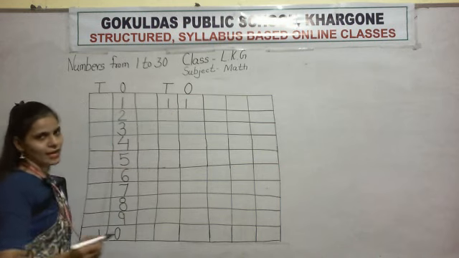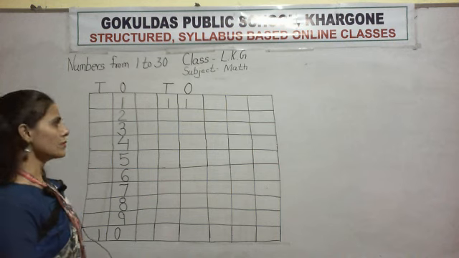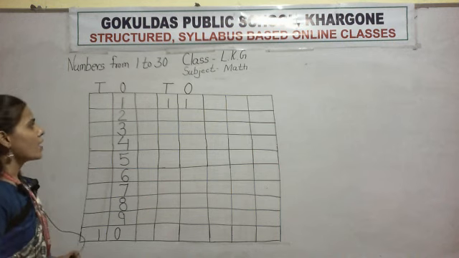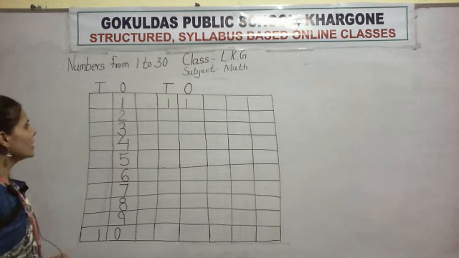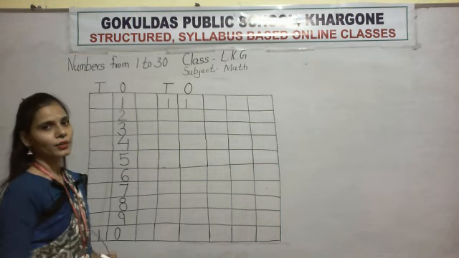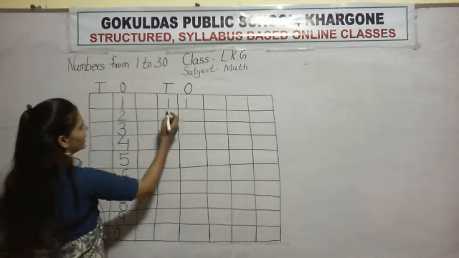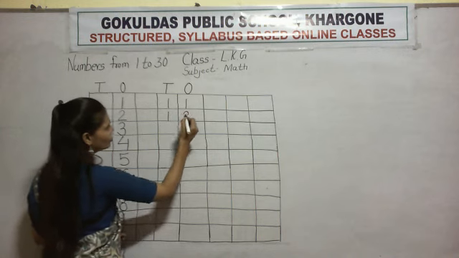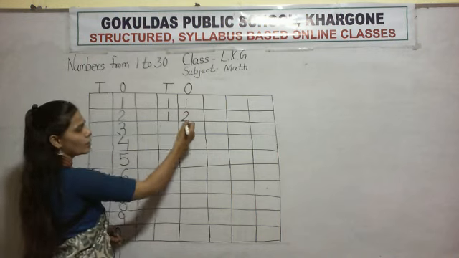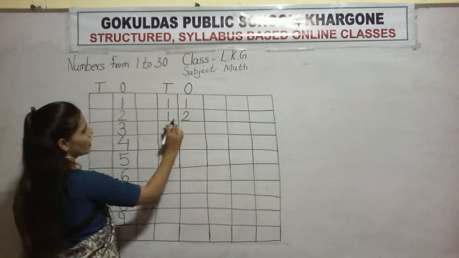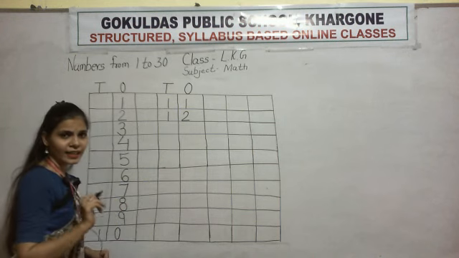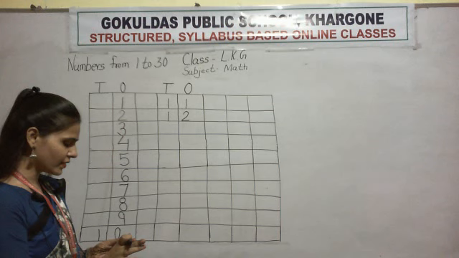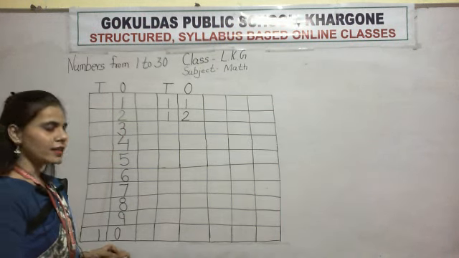Now after 11, which number will come? 12. So here we write 1, 2. You know how to write 1 and how to write 2. So we write 12. Say and write.